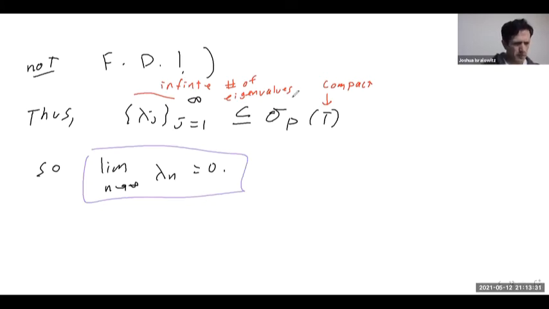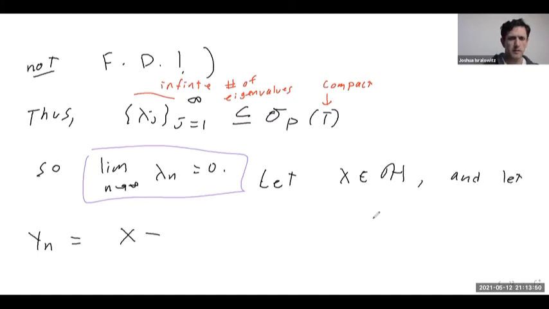All right, so basically do the same thing as we did before. Let's say y_n is again the orthogonal projection of some arbitrary element x in my Hilbert space onto M_n perpendicular, the orthogonal complement of M_n. So y_n is x minus the sum j equals 1 to n of (x, g_j) g_j.